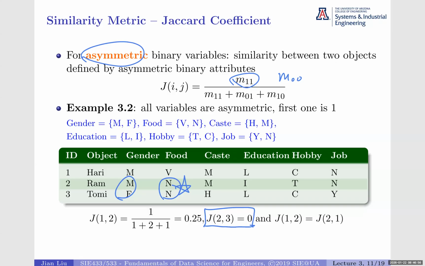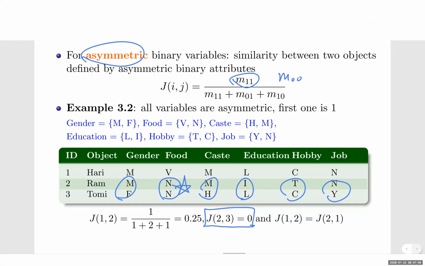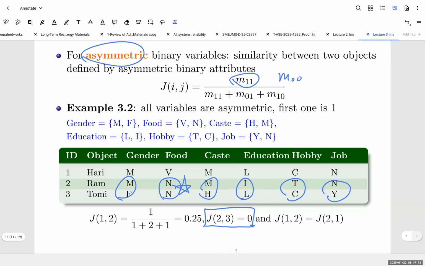Caste, they are different. Education different. Hobby, job, they are different. But for this same food result, even though they are the same, because it is the unimportant result, we don't consider it. That's why we say these two are totally different. So similarity is 0.